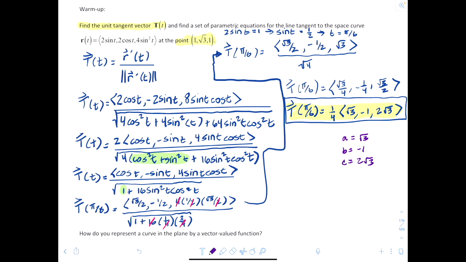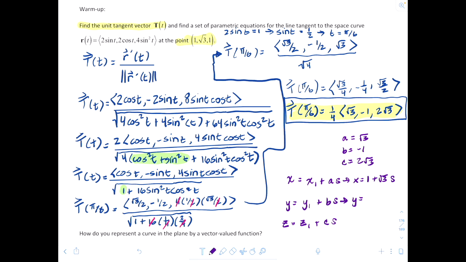And if you recall, you would get that x would equal your x1 plus your direction number a times s. y would equal y1 plus b times s. And then our z would equal z1 plus c times s.